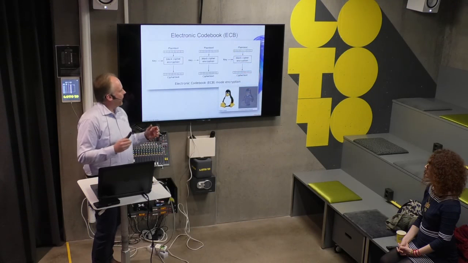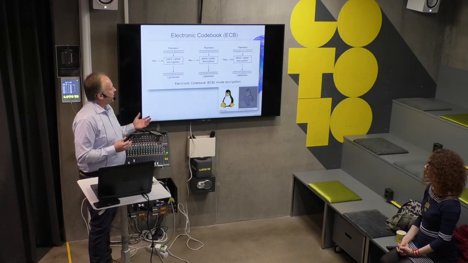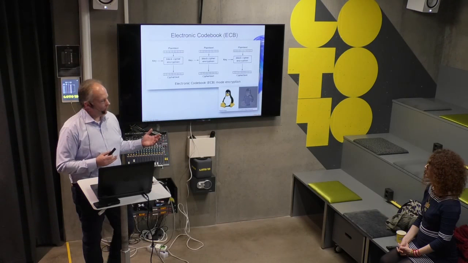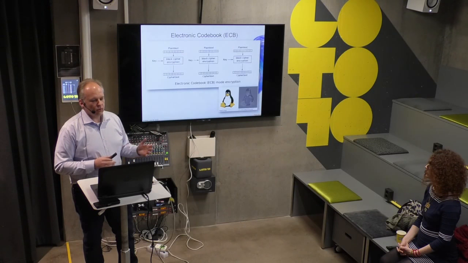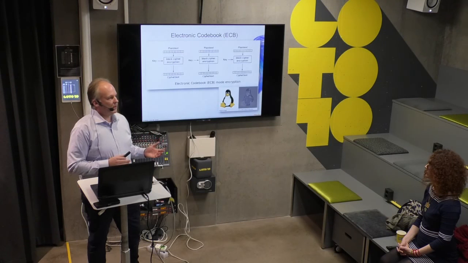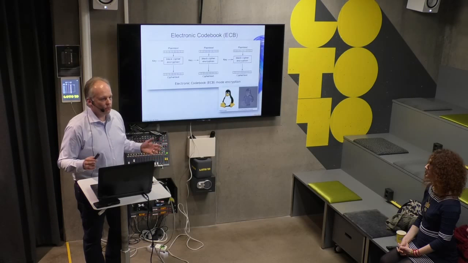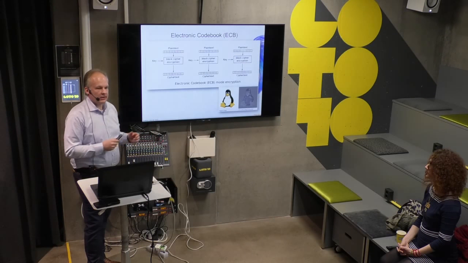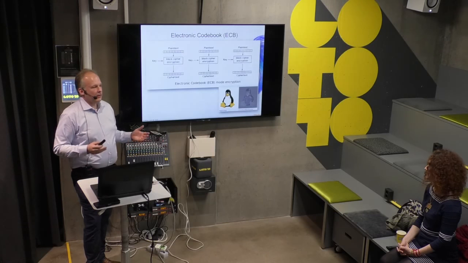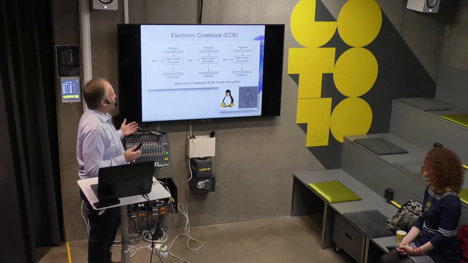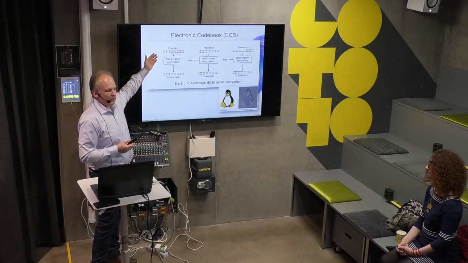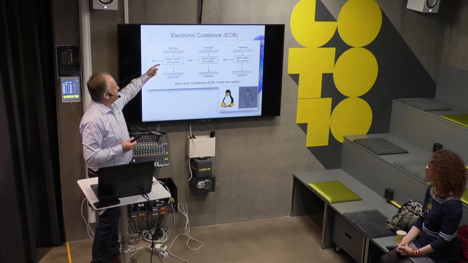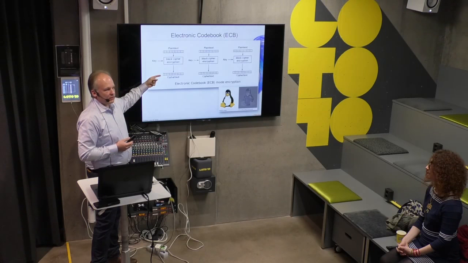Now, the simplest way to handle consecutive blocks is called electronic codebook. It's completely worthless, obviously, but it's available in most libraries just to show how worthless it is. So what you do is you take a plain text, that's the unencrypted message. You encrypt it with your key and you get the ciphertext.